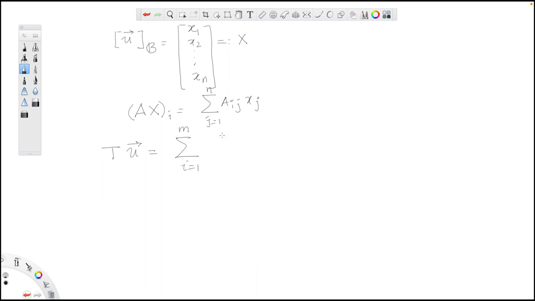There were two summations: one is over i, then whatever we have inside is summed over j, where j runs from 1 to n, and this expression is a_ij x_j. Whatever we get here gets multiplied with the vector v_i, and then we sum over all i's.